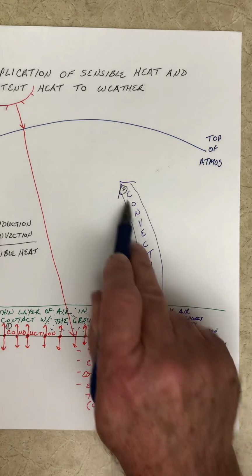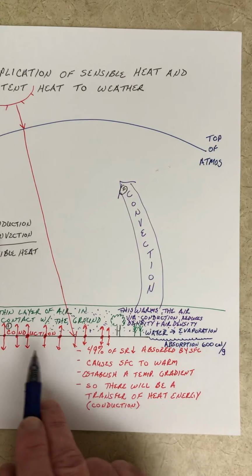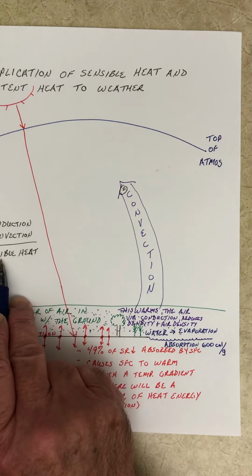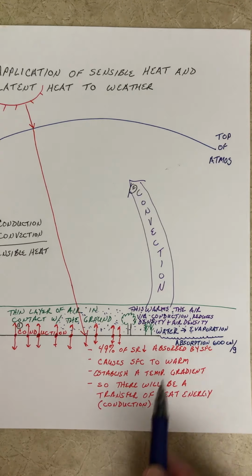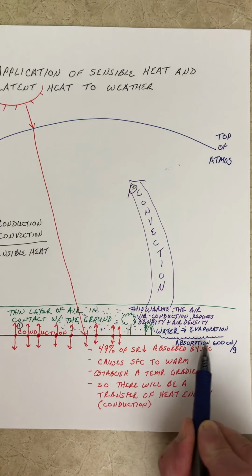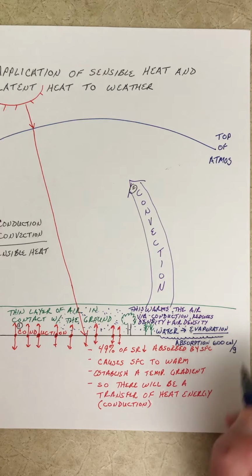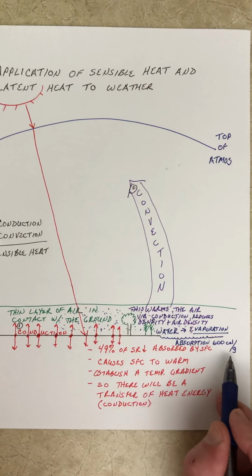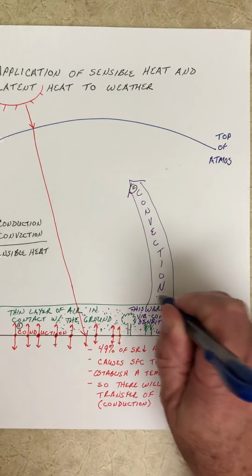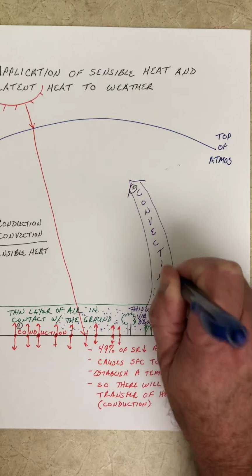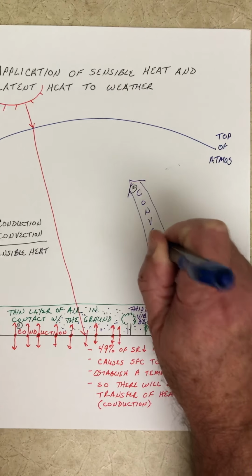Now this water vapor in this thin layer of air that's in contact with the ground is going to hitch a ride with convection. Conduction and convection created sensible heat, and evaporation at the surface is going to absorb 600 calories of energy for every gram of water that's evaporated. That water vapor is going to hitch a ride in convection.